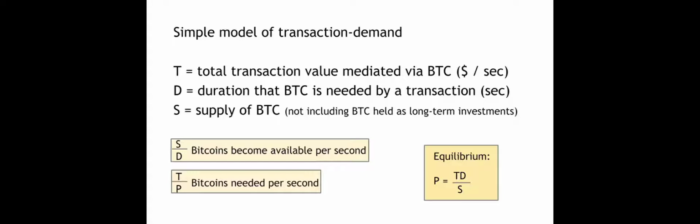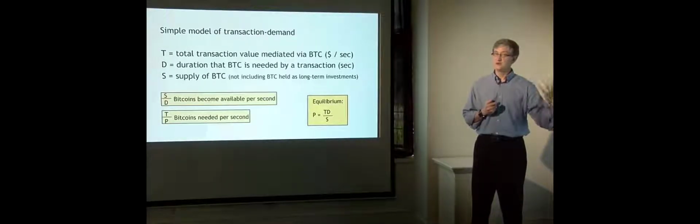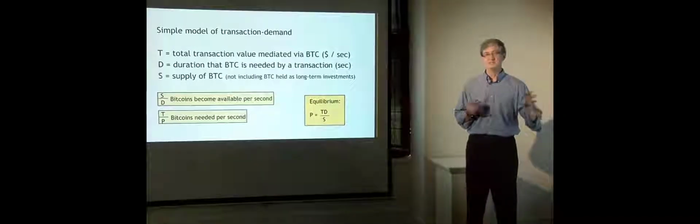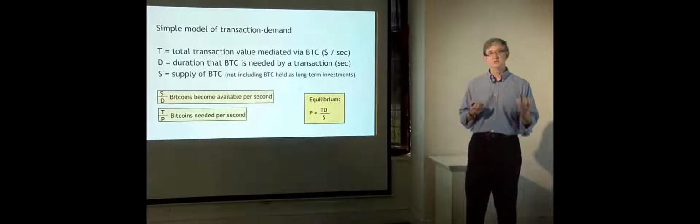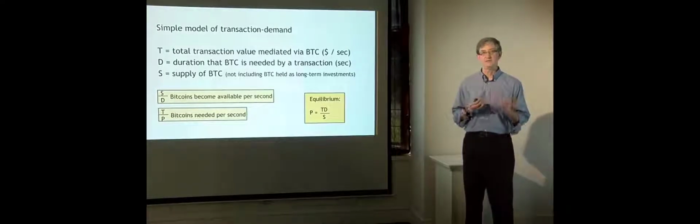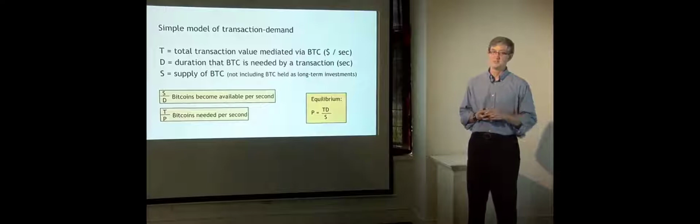So the bottom line here is that there is a market between Bitcoins and dollars, or Bitcoins and other fiat currencies. That market has enough liquidity that you can buy or sell in modest quantities in a reliable way, although the price does go up and down.